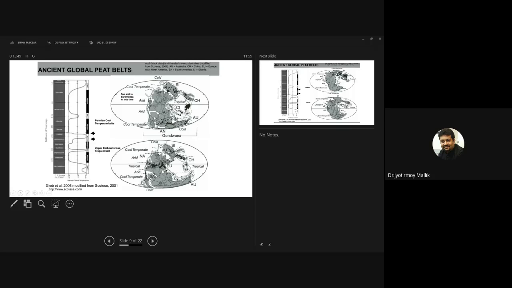You have to do a little bit of plate reconstruction to know where they were during the formation of coal, and you can see both tropical as well as subtropical and high latitude areas have actually made coal.